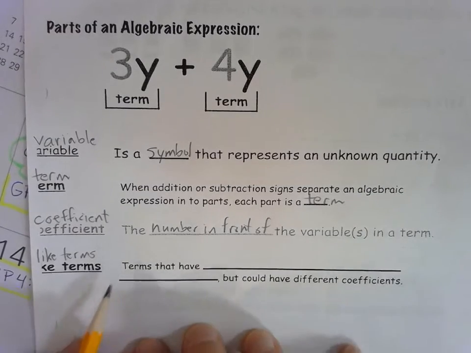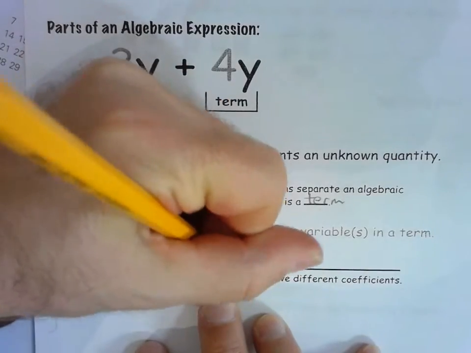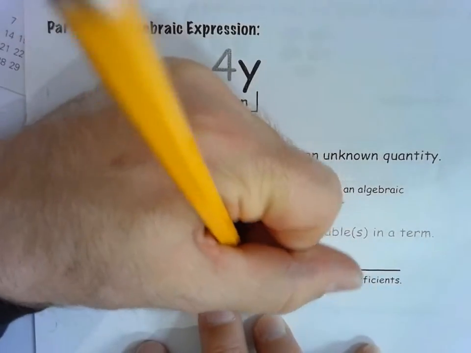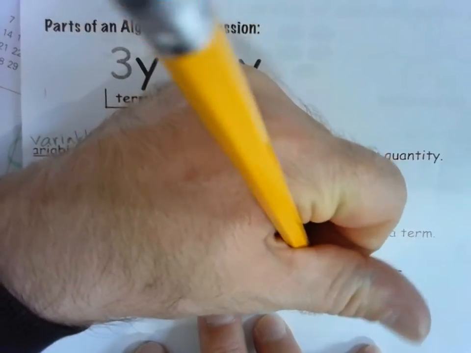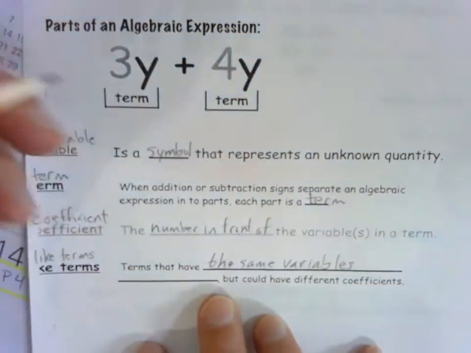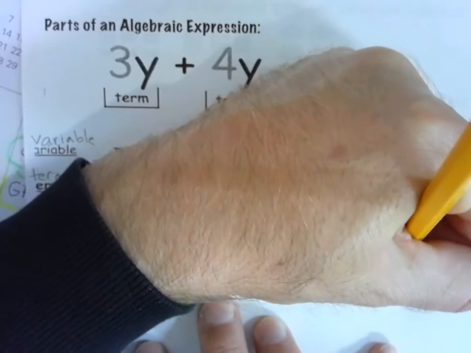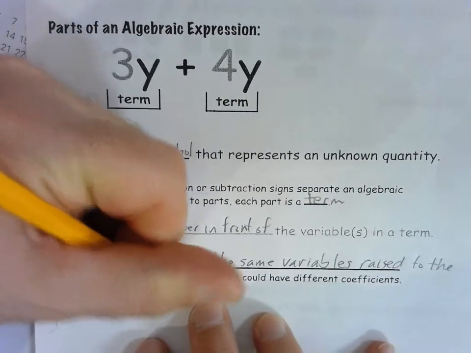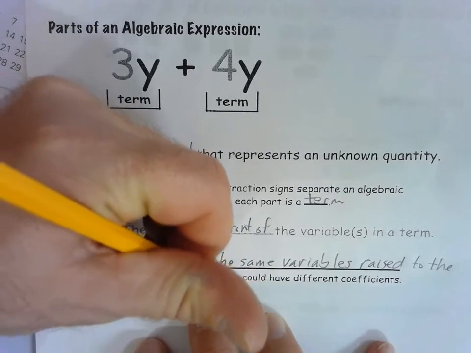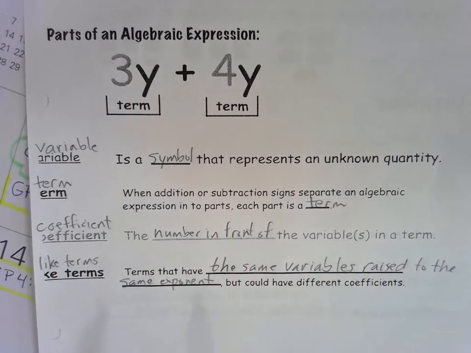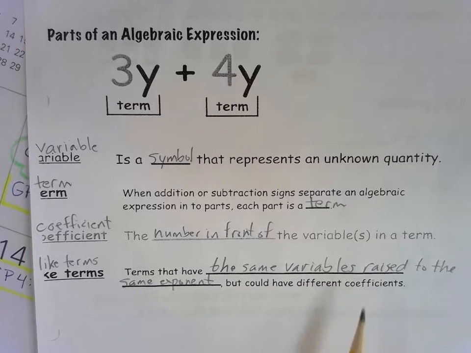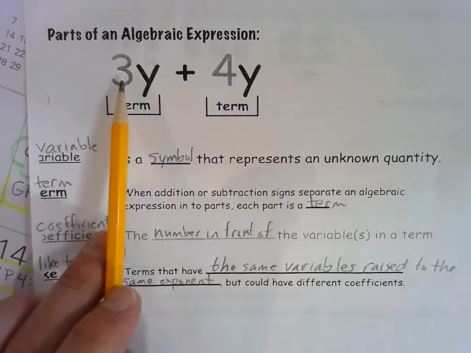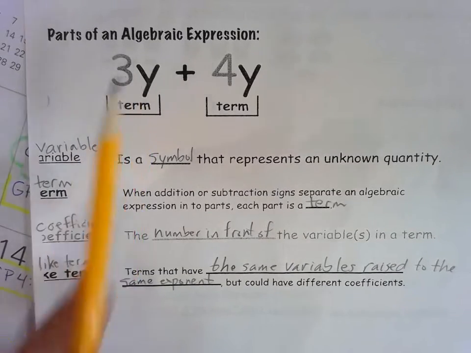And the last one, like terms, are terms that have the same variables raised to the same exponent. Okay? So those are like terms. Terms that have the same variables raised to the same exponent, but could have different coefficients. Okay? So just remember, the 3 is the coefficient, the y is the variable.